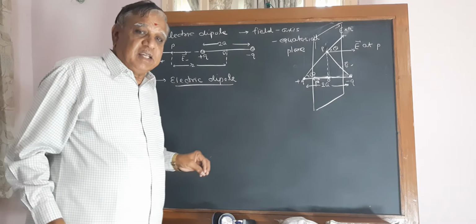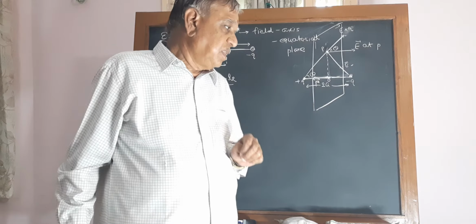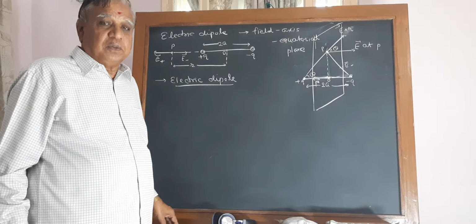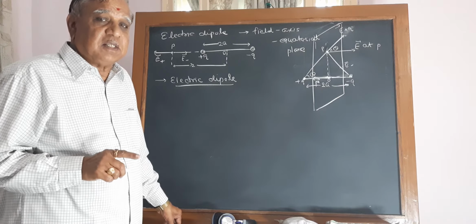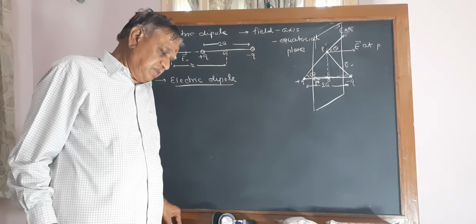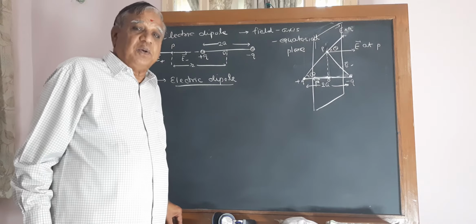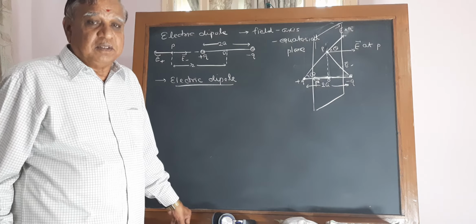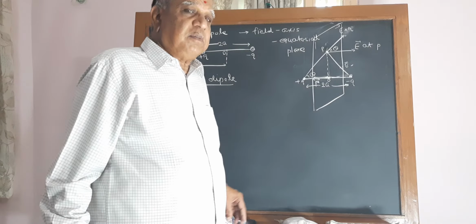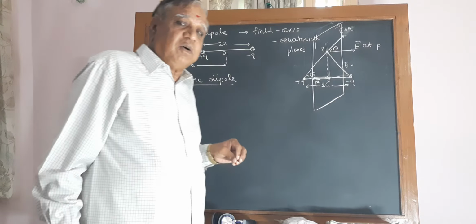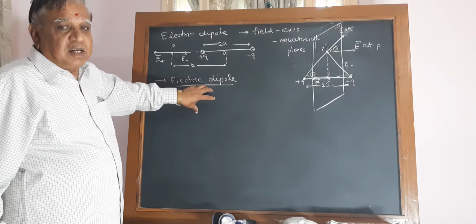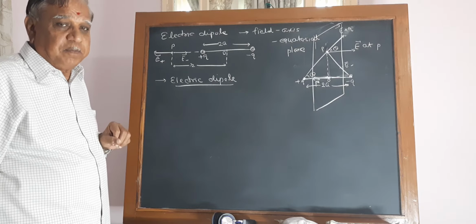Now we are defining electric dipole. Electric dipole is the system of two equal and opposite charges kept at a finite distance.